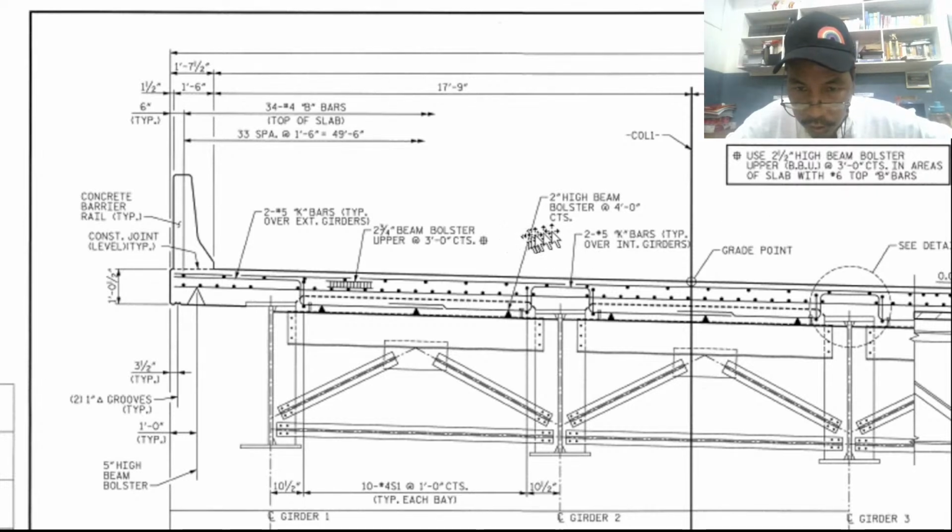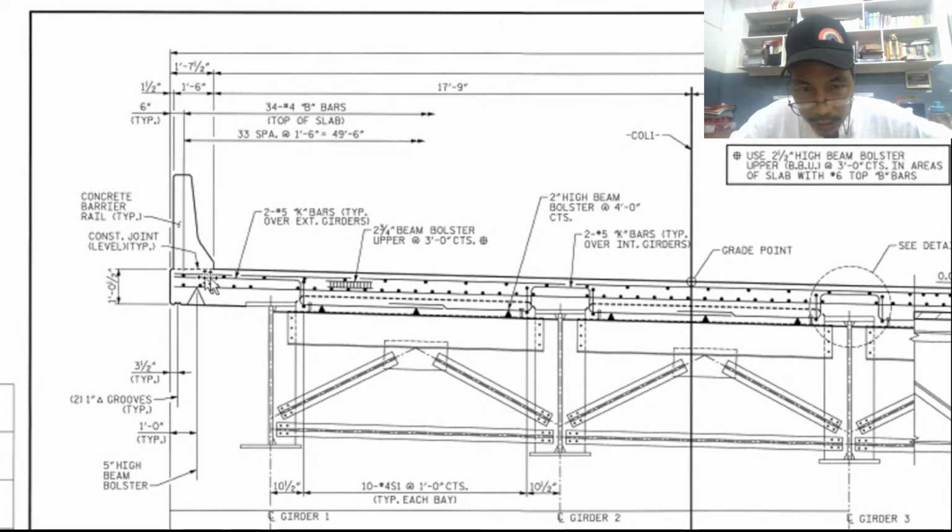So this is number 6. This is number 5. So number 6 bars are bigger than number 5 bars and number 4 bars. So this is number 6 bars. Number 5 bars.